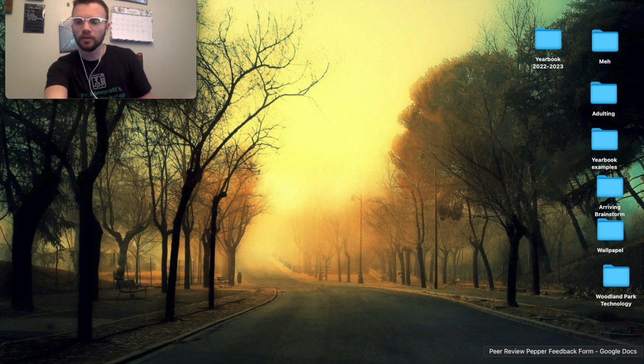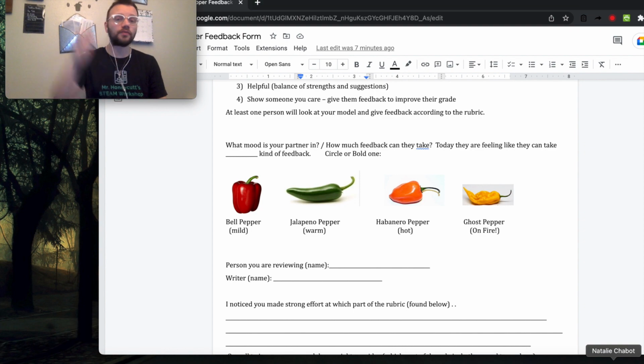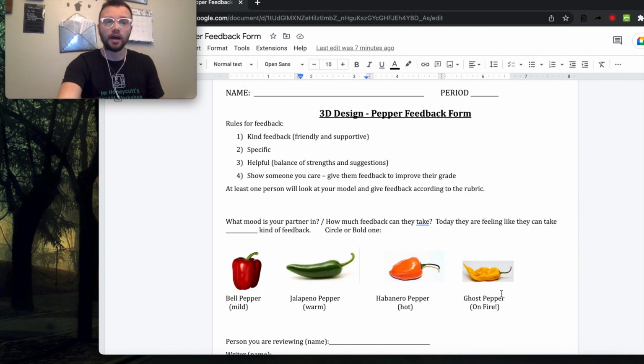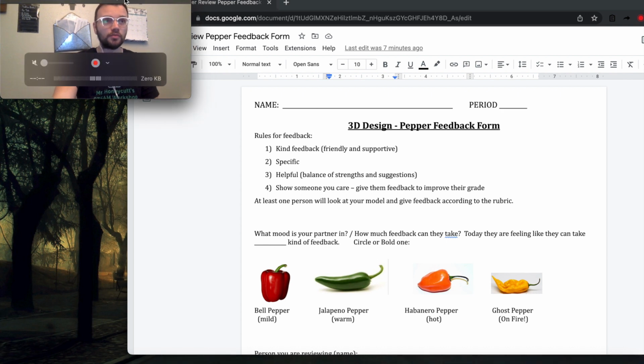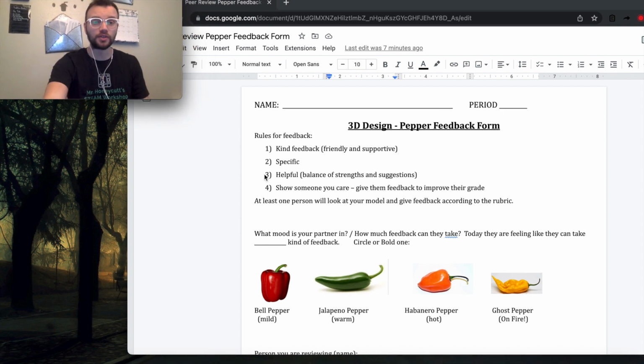So let me show you the peer review Pepper feedback form that I give to students before they turn in a lot of their creative projects in my STEAM classroom, but I've also used this as a social studies as well as an ELA, English language arts teacher.